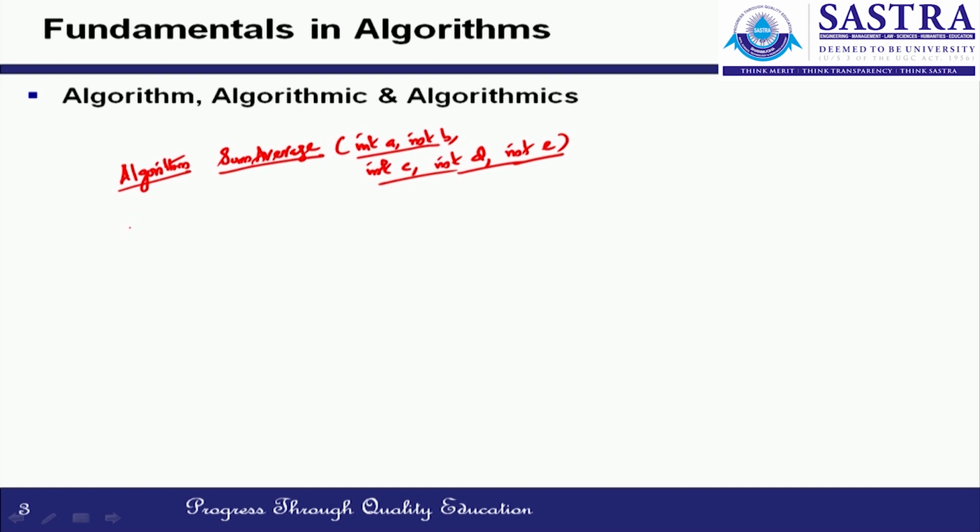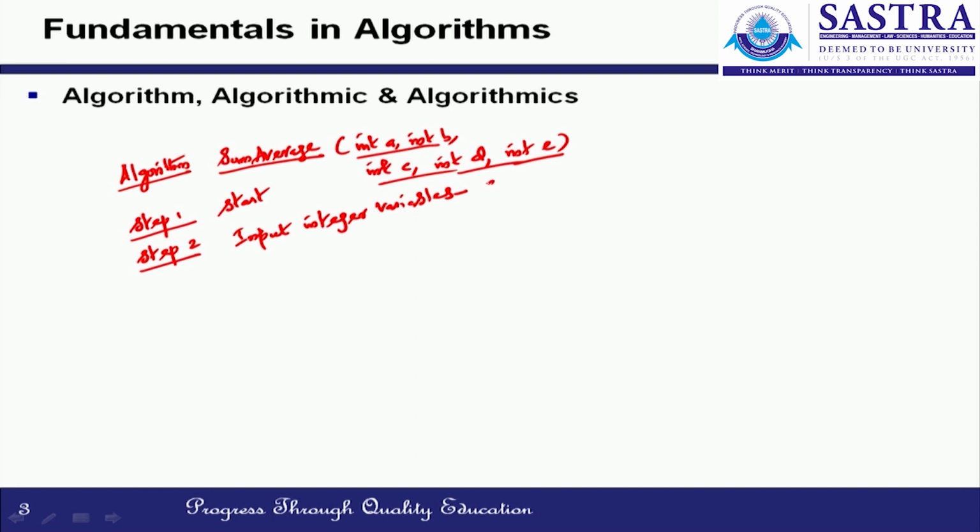Then how to write the algorithm? For example, in terms of steps. Step 1, having these parameters a, b, c, d, e, we can write start. Step 2, input the values of integer variables.